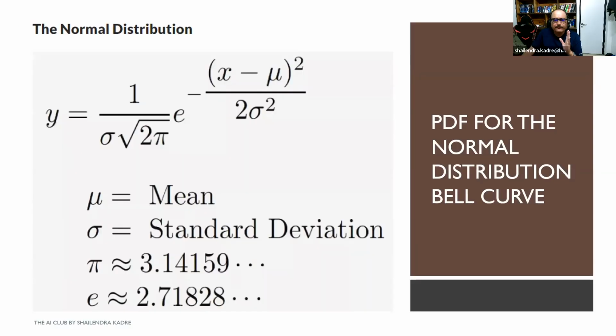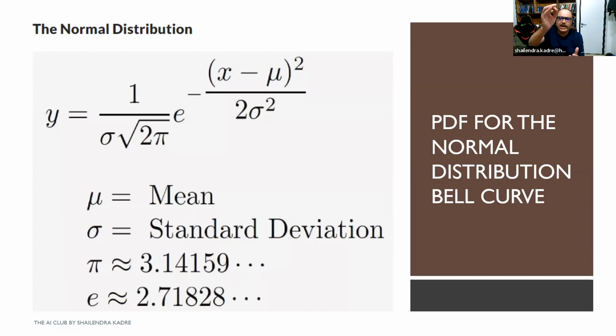So now in this formula, mu and sigma are variables. If I know the value of mu and sigma, can't I plot the normal distribution curve?